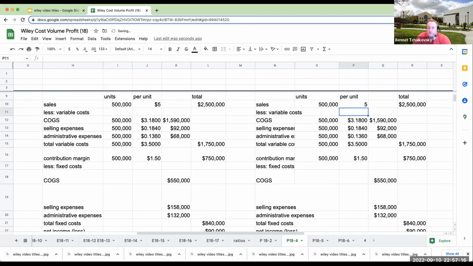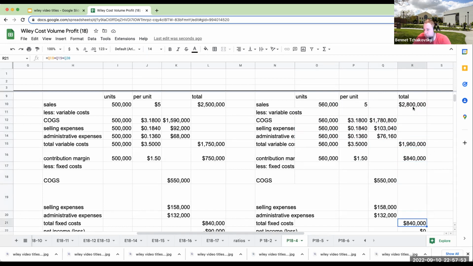Now if I change this to 560,000, this is getting me to a contribution margin of 840, which is covering my fixed costs right over here.